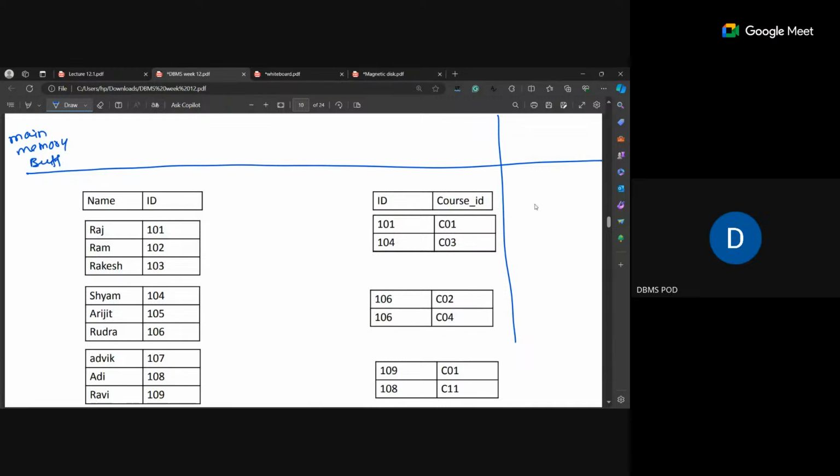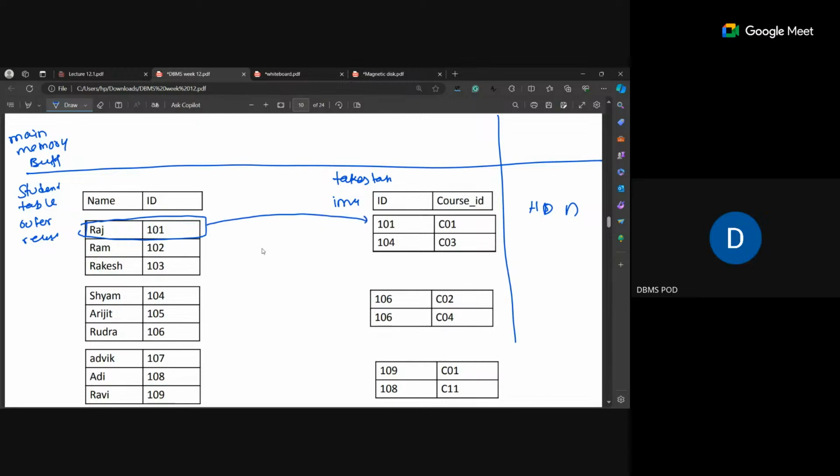And this is the hard disk or secondary disk, containing the student table, which is called the outer relation, and the takes table, which is called the inner relation. So first, we'll take this Raj 101, then we'll check it with each tuple.